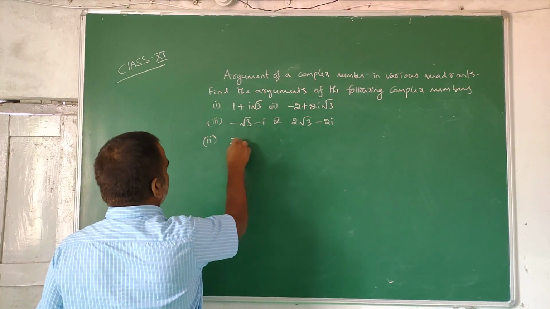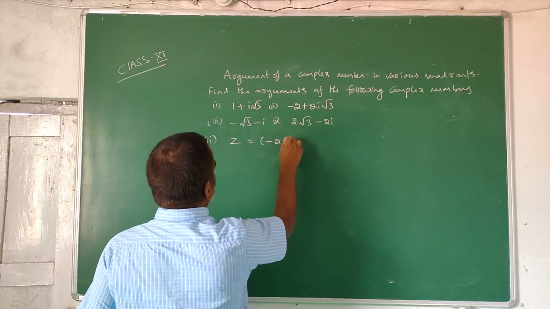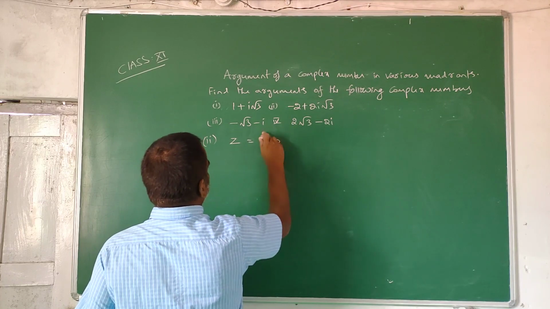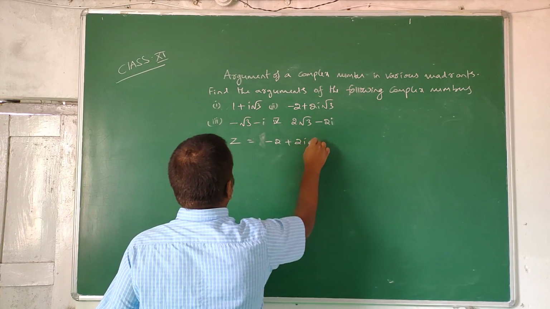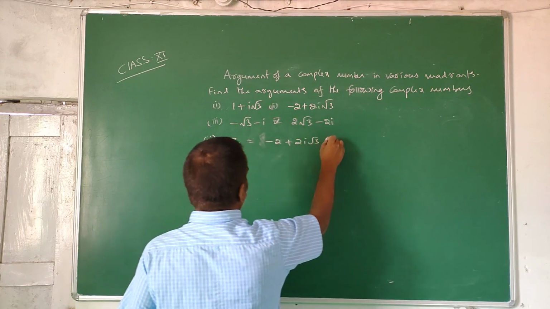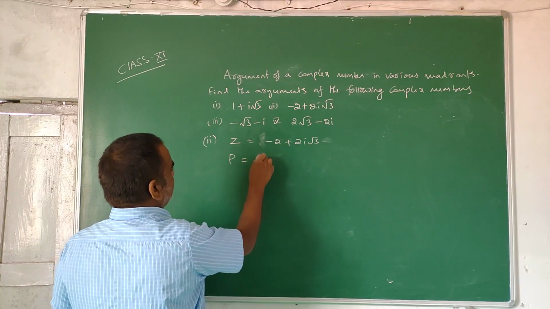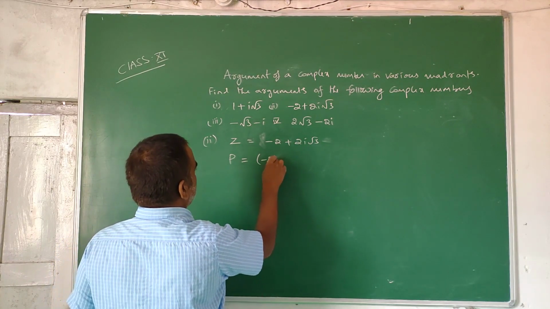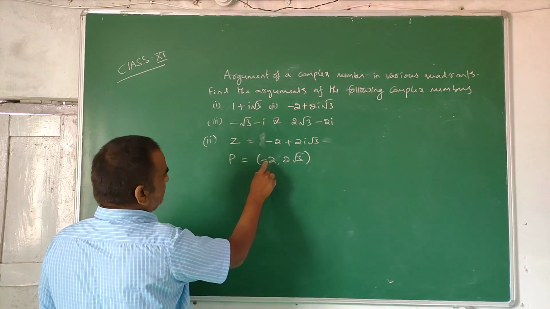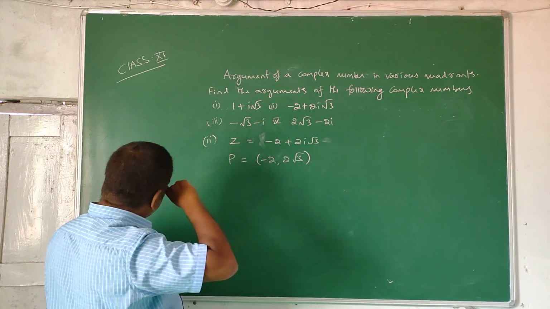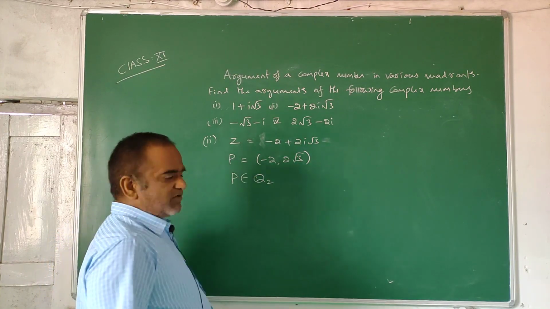Z is equal to minus 2 plus 2i root 3, which is represented by the point (minus 2, 2 root 3). Here it is minus plus, so this P lies in the second quadrant.